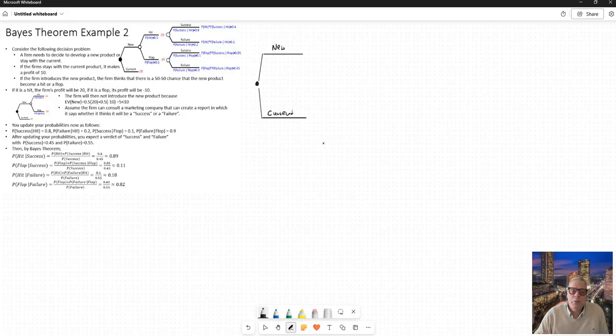So when you go with the new, you think, and that is your personal assessment, so that's a given, that there is a chance, and in the decision tree, whenever Mother Nature kicks in, that's a hollow dot. Whenever you need to make the decision, that's a solid dot. So now Mother Nature kicks in, and Mother Nature can reveal that your new product will either be a hit or it will be a flop.